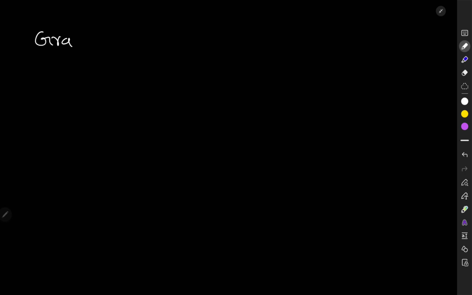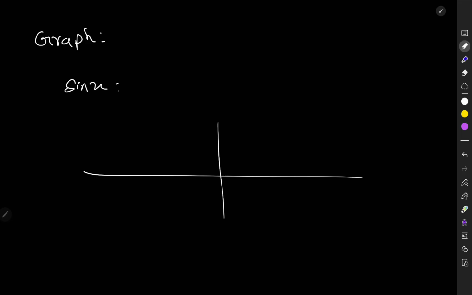Now let's see some of the graph questions. Graphs, fine. Let's see the first graph, which is the sin x graph. Just mark pi by 2, pi, 3 pi by 2, 2 pi, like that. Similarly minus pi by 2, minus pi, like that. Just put the two important points. At pi by 2, of course you know the sine will be 1, right?